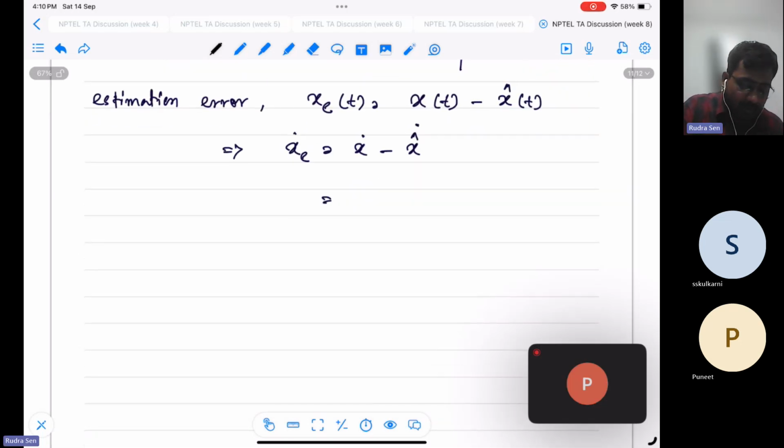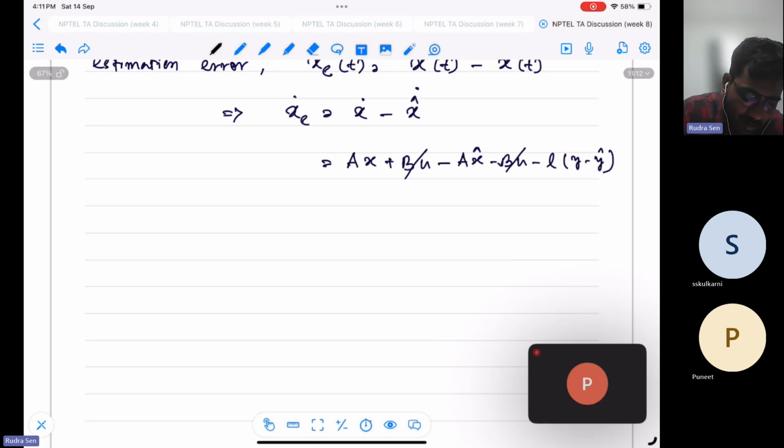So this is x dot, which is Ax plus Bu, and x hat dot is basically A x hat plus Bu plus L times y minus y hat, right?